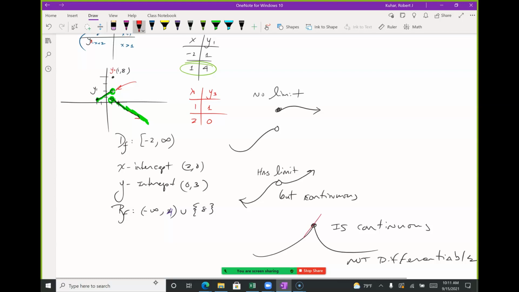So I'm looking at the slope from the left is positive. The slope from the right is negative. And so when those slopes don't match up, when the curve doesn't match up, no limit, right? When there's holes in the curve, but it does match up, not continuous. When the curve matches up and has a limit and is continuous, but it has different slopes, it's not differentiable.